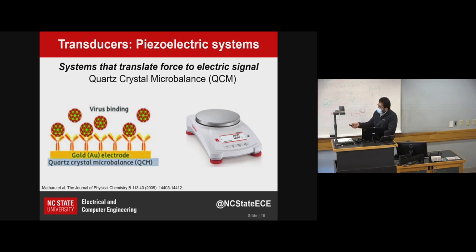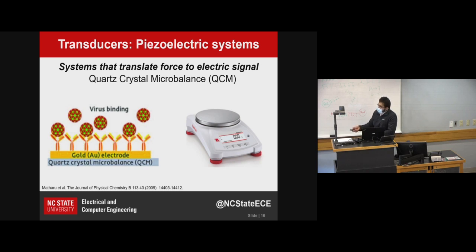Basically, what you have done is you have taken this stainless steel thing and you have somehow transformed this into a selective surface. So this surface only will allow specific types of analyte to interact. Okay, so this is how basically a quartz crystal microbalance works.